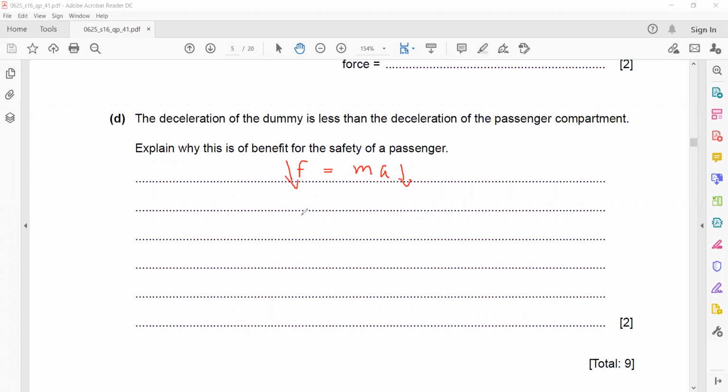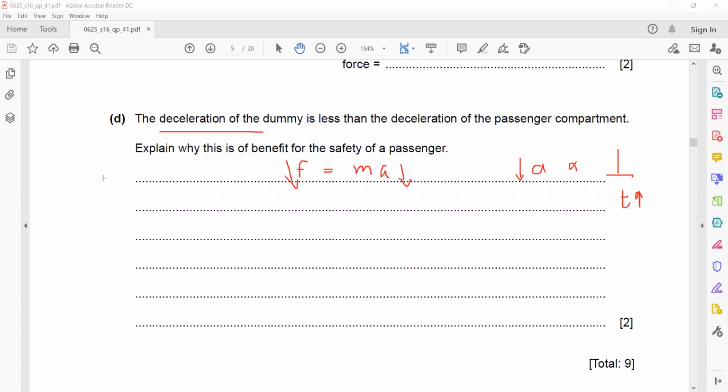Example, you have two surfaces, one is rigid, another one is soft, like a mattress, and you drop two identical objects from the same height on the surfaces. Which object will experience greater force? When object A strikes the surface, immediately it will stop.